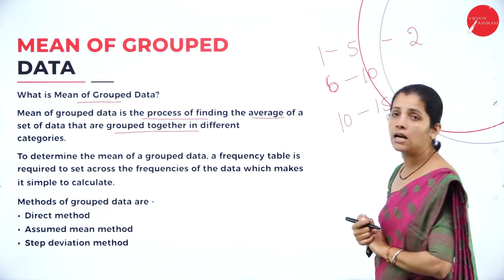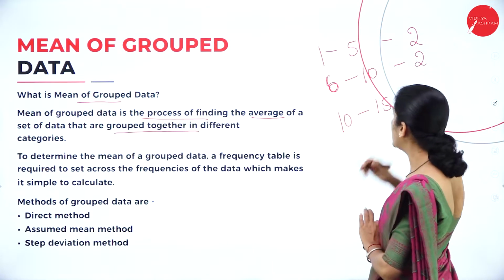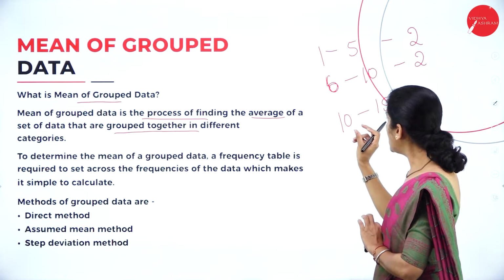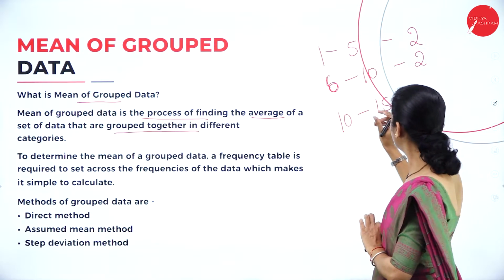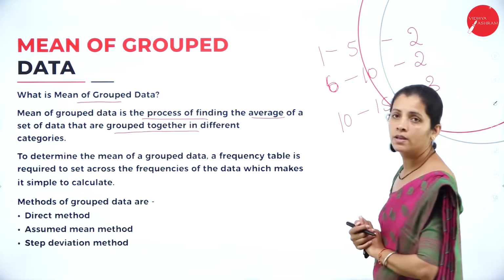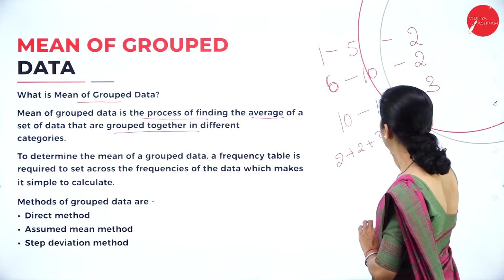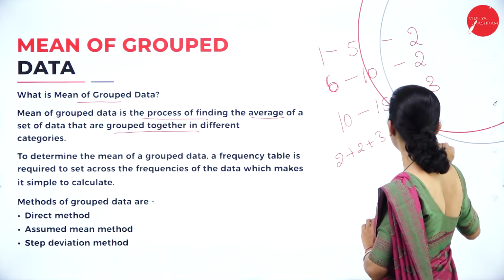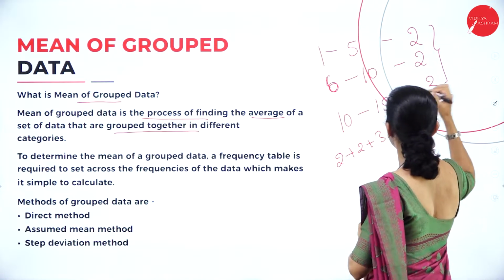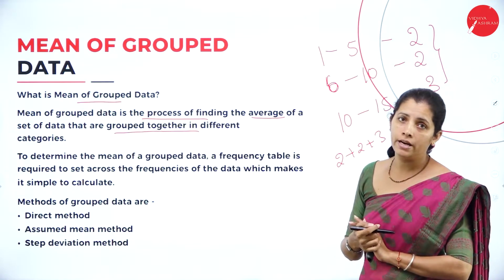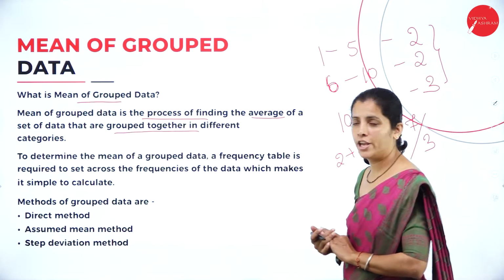Next, the data under the second category, 6 to 10, appears 2 times. Now, the data in the third category, 10 to 15, appears 3 times. Okay, fine. Now, 2 plus 2 plus 3, what's the answer? 7. 7 divided by 3. Because I have 3 sets of data, so 7 divided by 3. And whatever answer I get, that is nothing but the average.